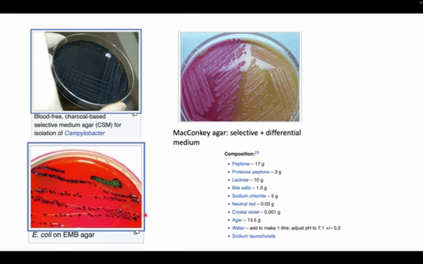So this sort of green growth on EMB agar is selective for E. coli. When we start going into things like diagnostics and searching for pathogens, this is a very useful way in which media can be modified to suit the purpose of our experiment.